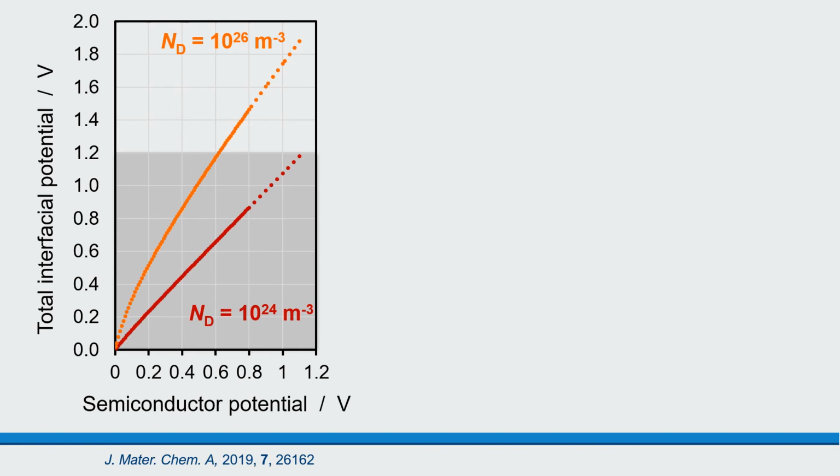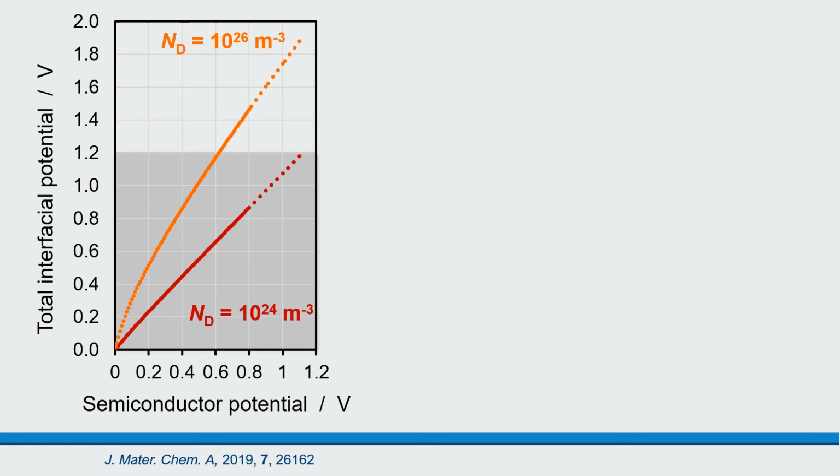So, for example, when we have a doping density of 10^24 per meter cubed, we can see that there is a fairly straight line between the two. So, in order to obtain a semiconductor potential drop of just over 1 volt, we need to apply a little over a volt, so about 1.1 volts. So, in this case, not much of the potential is dropped across the Helmholtz layer.